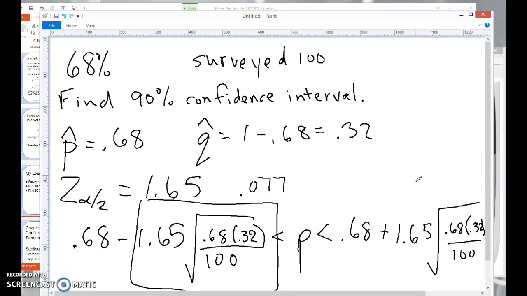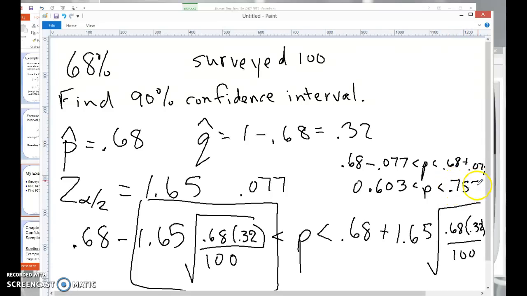Then in order to get my interval, I would go 0.68 minus that 0.077, and then 0.68 plus that 0.077, to get an answer of 0.603 and then 0.757.